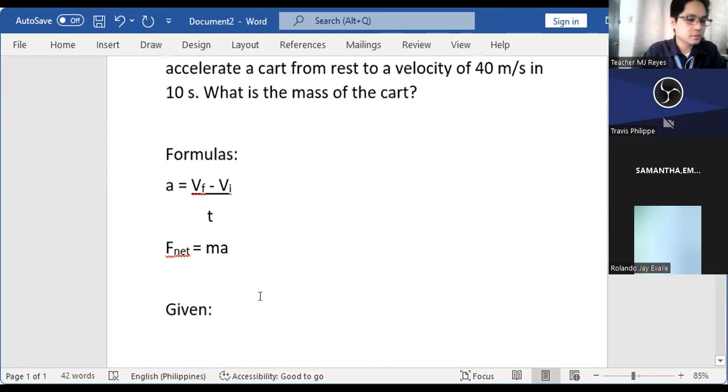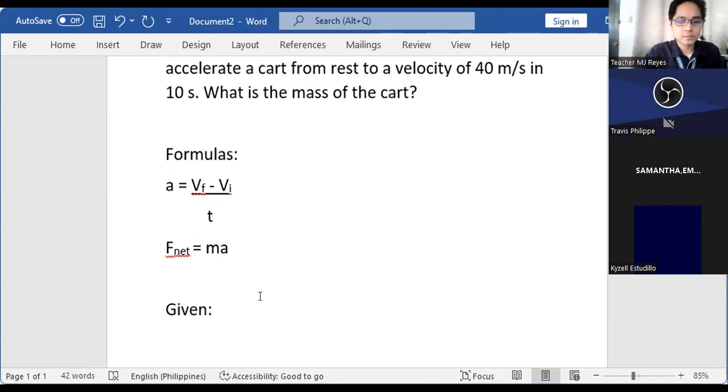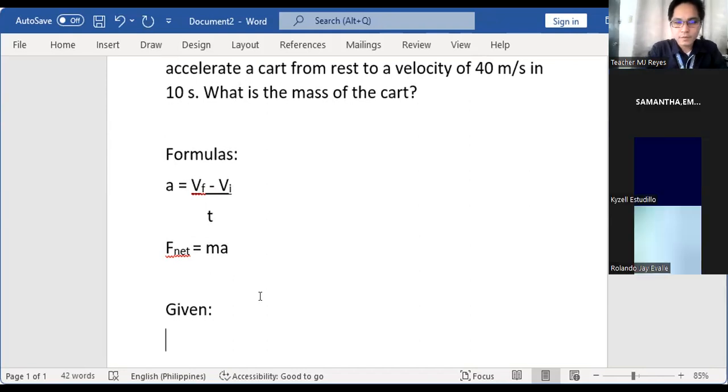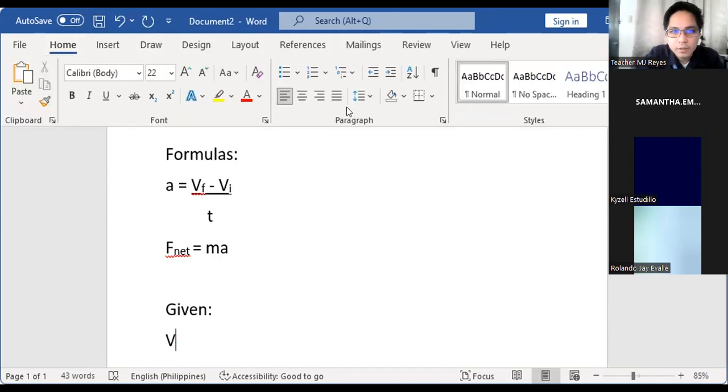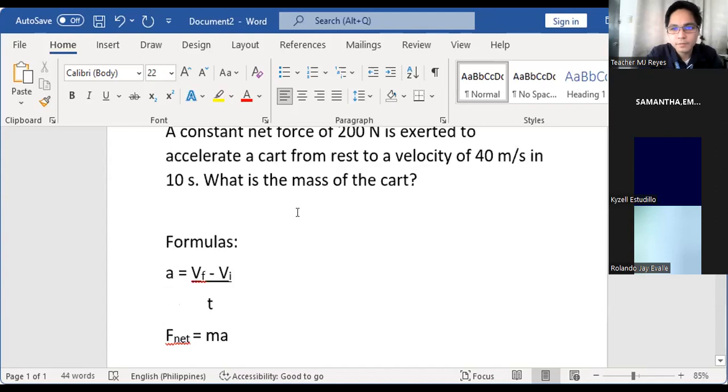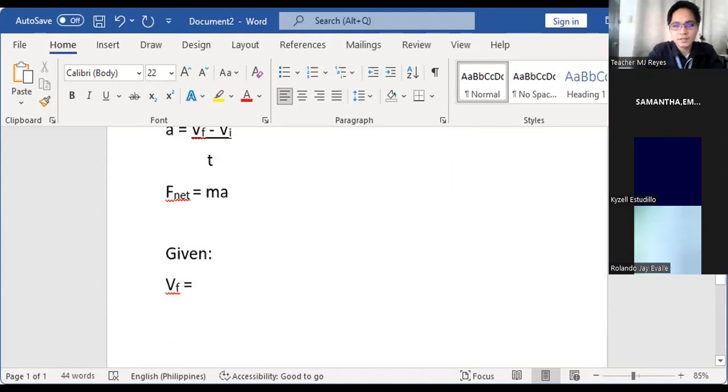What are the given? Can you name the given based on the problem? Final velocity, VF, is 40. What is the VF here? 40 meters per second squared? No, it is 40 meters per second, without a squared. What else?